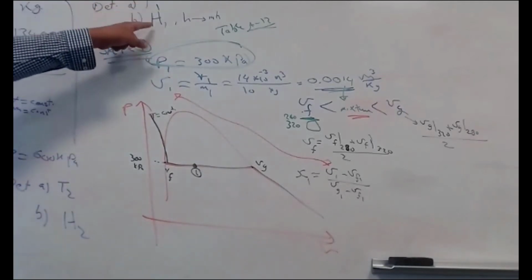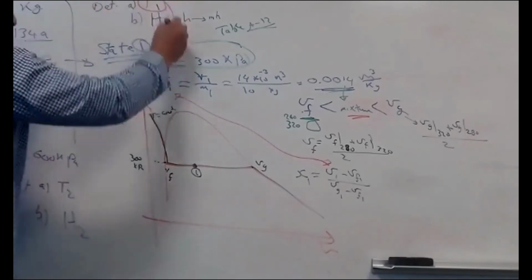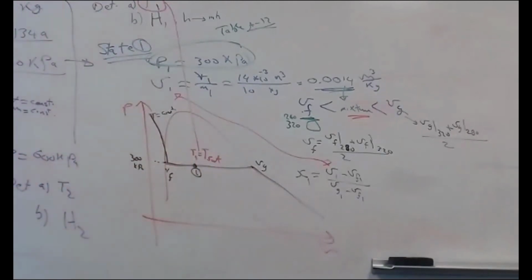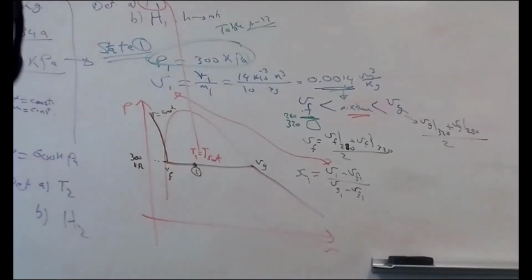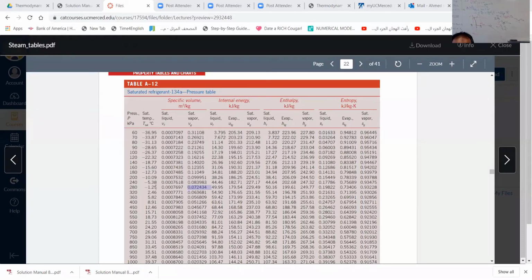Now, I did not get what he wants. He wants T1 and H1. So what should I bother to do? T1 is simply T saturation at this pressure, correct? The same table. Here, this is the temperature. Actually, the average between these two values. Negative 5.38 minus 1.25 divided by 2, because I want 300.